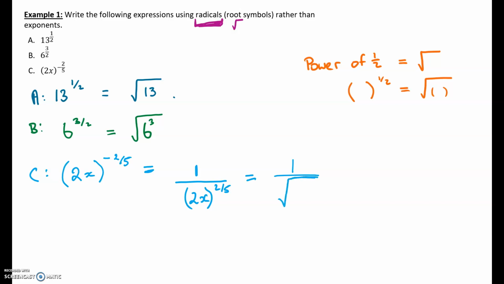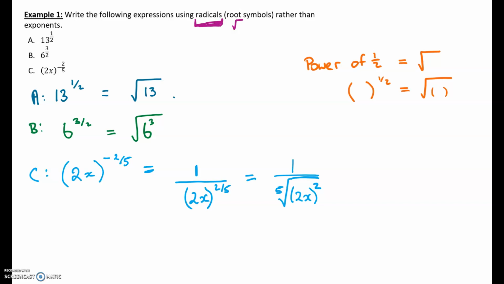So this is going to be 2x, but the bottom of the fraction was a 5, so that's called a 5th root. And the way you indicate a 5th root is you put a little 5 in there, just inside the little lip on the square root sign. Then the number on top of the fraction was 2, so this is all to the power of 2.